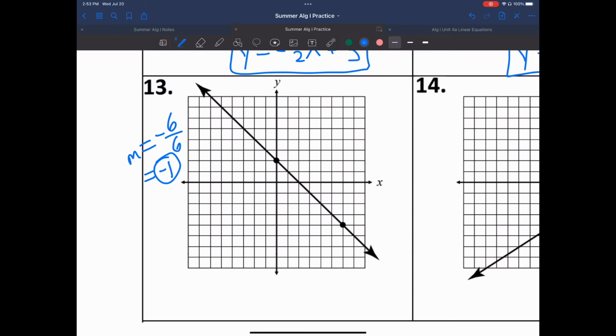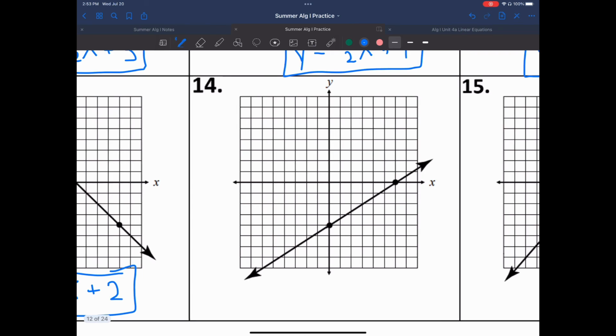So there's my m. And my b, it would be right here, which looks like that's just at 2 on the y-axis. Filling that into our equation, we'd get y equals negative 1x, or we could just simplify that and say negative x, because we don't need the 1, plus 2.